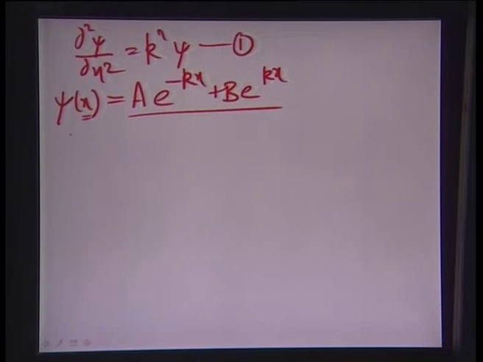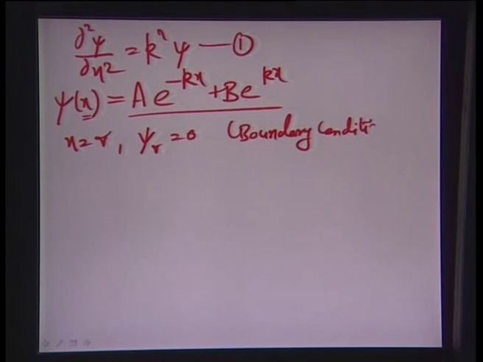If we apply the boundary conditions at x equal to 0 or x equal to infinity, xi infinity is actually 0. Applying this boundary condition, this can only happen if b is 0.